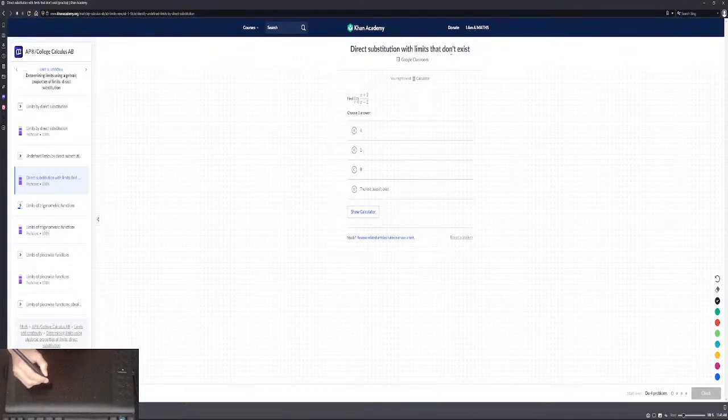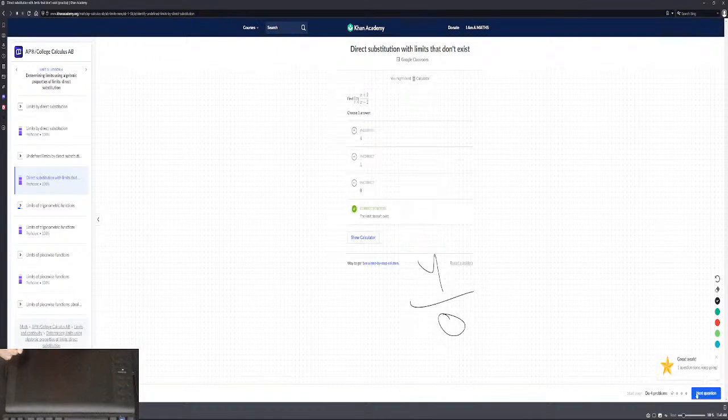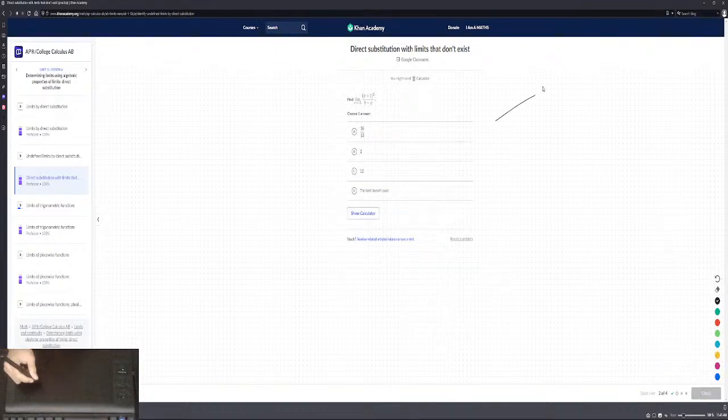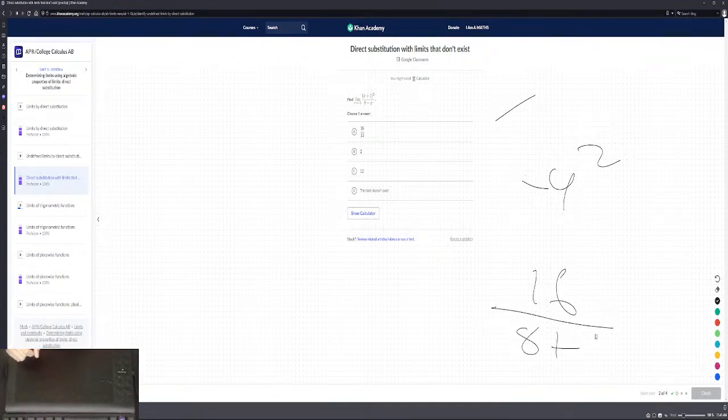Direct substitution with limits that don't exist. So this before 0, one does not exist. -4 squared, 16. 8 plus 5, 16 over 13.